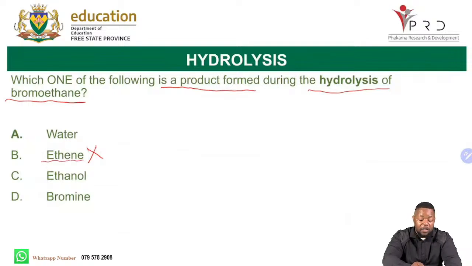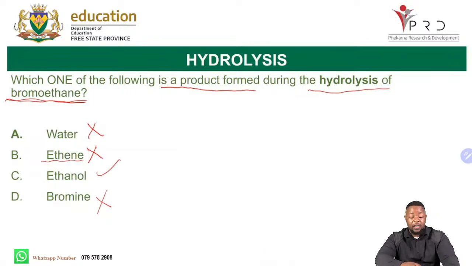So ethene is an unsaturated organic compound, therefore ethene cannot be a product there. So the hydrolysis of bromoethane cannot give us water. The hydrolysis of bromoethane cannot give us bromine, but the hydrolysis of bromoethane can only give us ethanol.